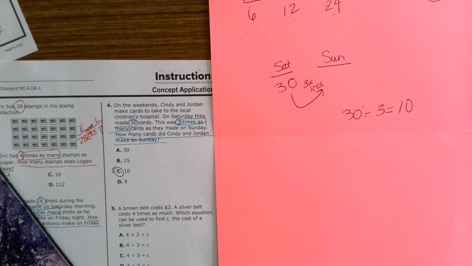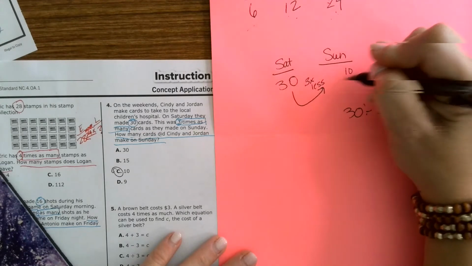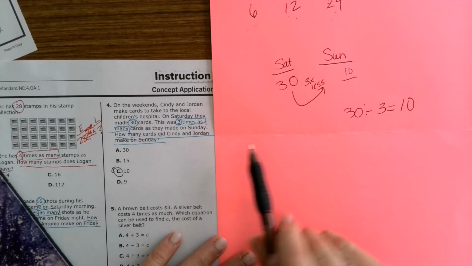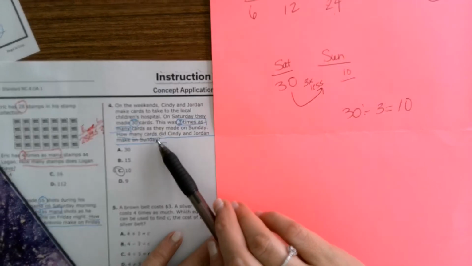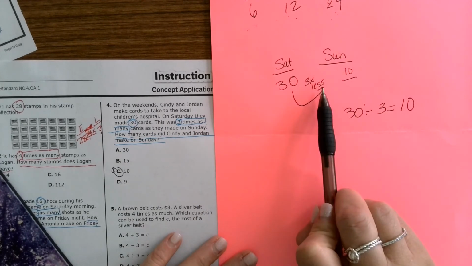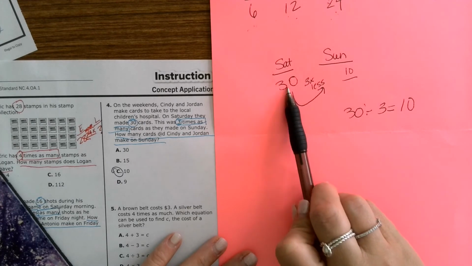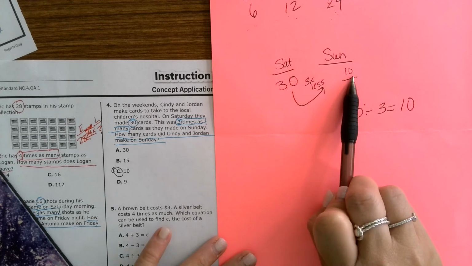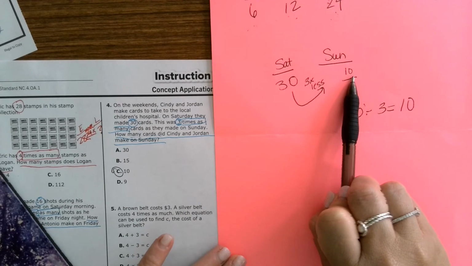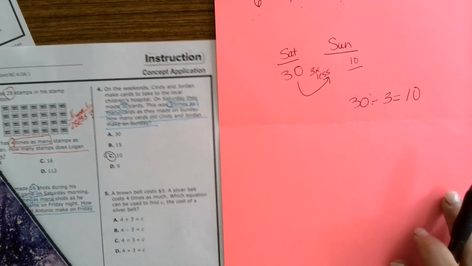And if you plug that in, if we put 10 in for Sunday, this is 3 times less than this. That is true. Or you could say that 30 is 3 times larger than 10, which is true as well. All right, so the answer to number 4 is C.